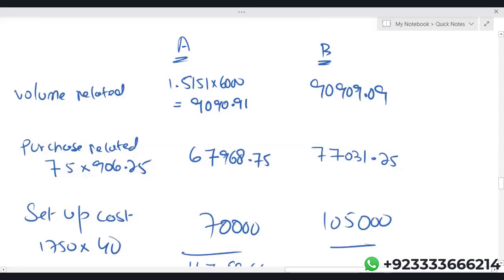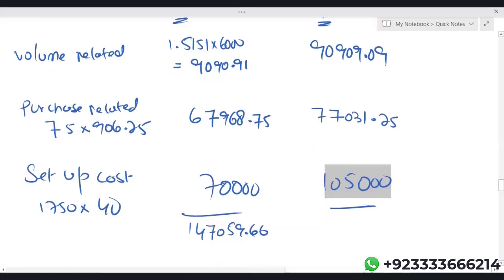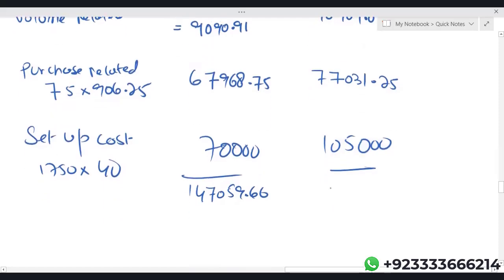9090.09 plus 77,031.25 plus 1,05,000. So let's say I'm getting 2,72,940.34.